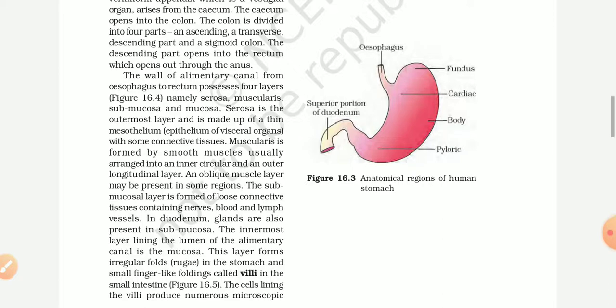Serosa is the outermost layer and is made up of thin mesothelium, epithelium of visceral organs with some connective tissue. So the outermost layer is called serosa, made up of thin mesothelium with some connective tissue.